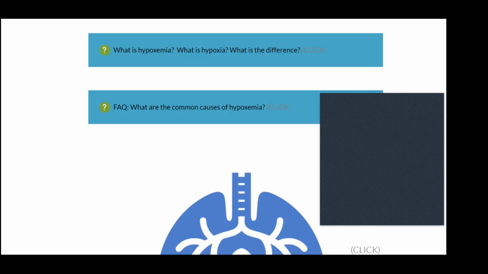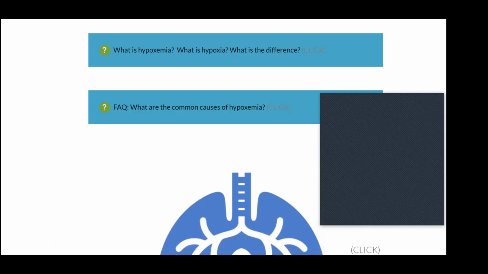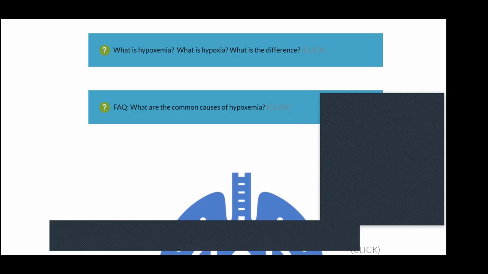And so I think the most important thing for us is the clinical application of hypoxemia. As we are aware, hypoxia is one of the common presentations of severe COVID infection, and measurement of hypoxia becomes key in patients that present with COVID.